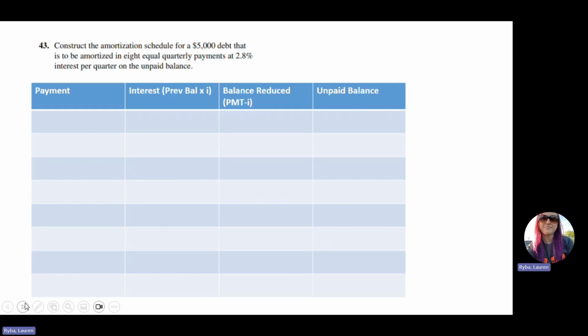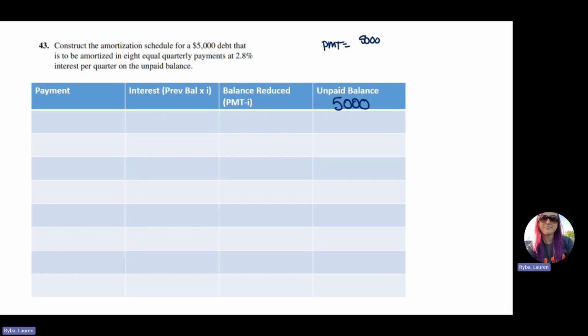All right, so it says to construct the amortization schedule for a $5,000 debt that is to be amortized in 8 equal quarterly payments at 2.8% per quarter on the unpaid balance. So when I start, my unpaid balance is $5,000. You are going to figure out your payment first, just like we've been doing.